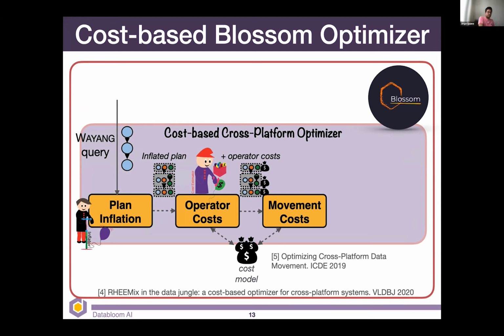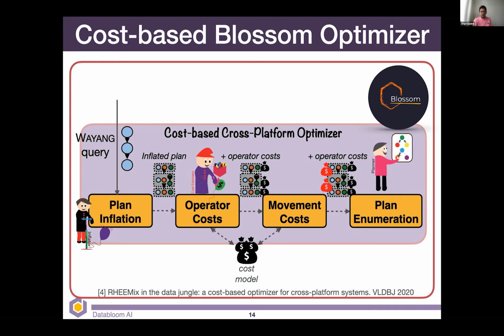If you need to move data from TensorFlow Federated to PyTorch, it has some cost, and we need to take it into account so that we can pick the right configuration to improve performance or monetary cost if you're running on the cloud. Once you have all these labels, we simply enumerate all the options, with some pruning techniques to prune the search space, because it's, of course, an NP-hard problem to find the right execution plan.